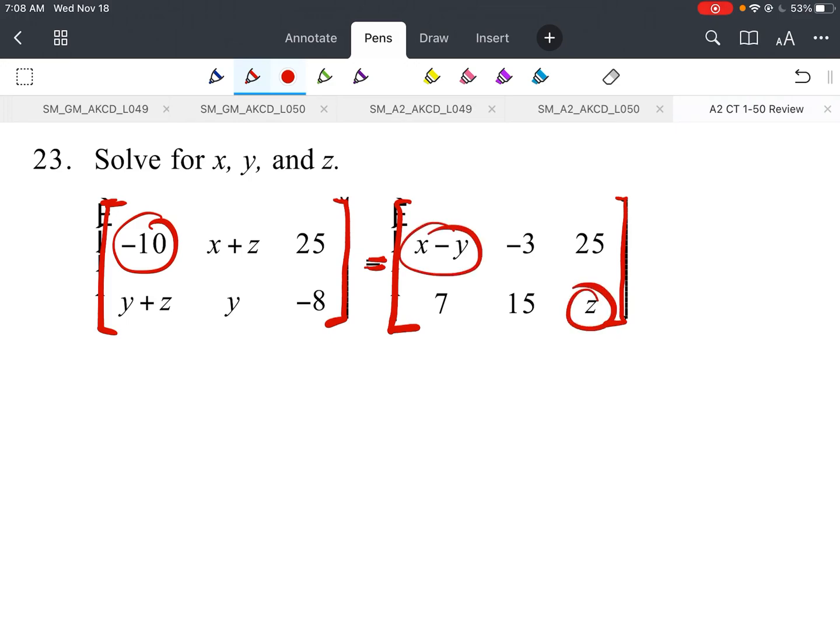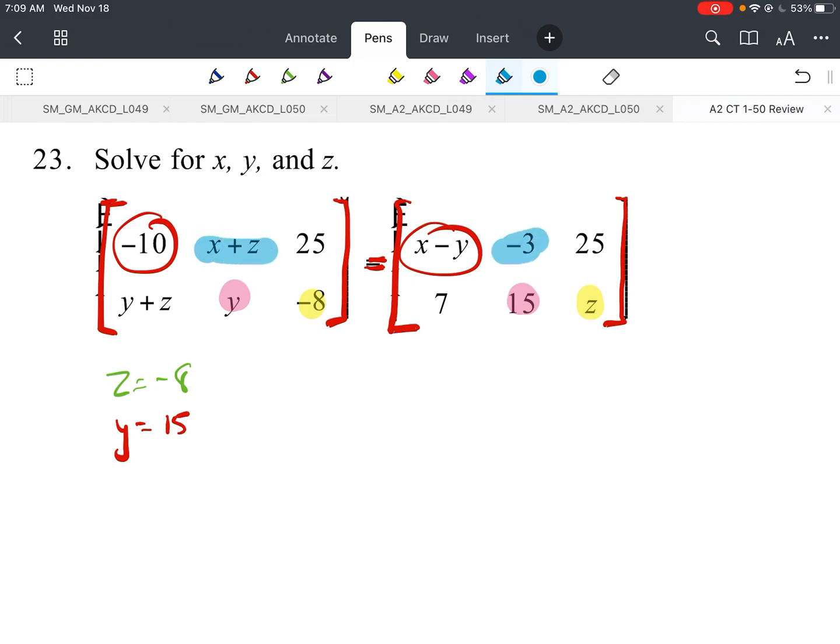First of all, z is equal to negative 8 because they're in the same position. So z equals negative 8. Even easier, y is 15. That's easy. Okay, now we just have to figure out x somehow. So let's use one of the formulas that has x in them. Let's do this one. X plus z equals negative 3.